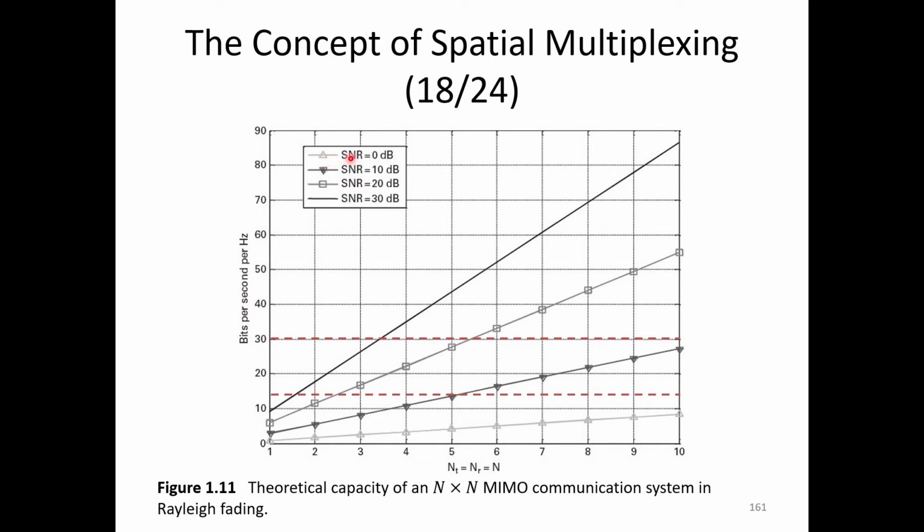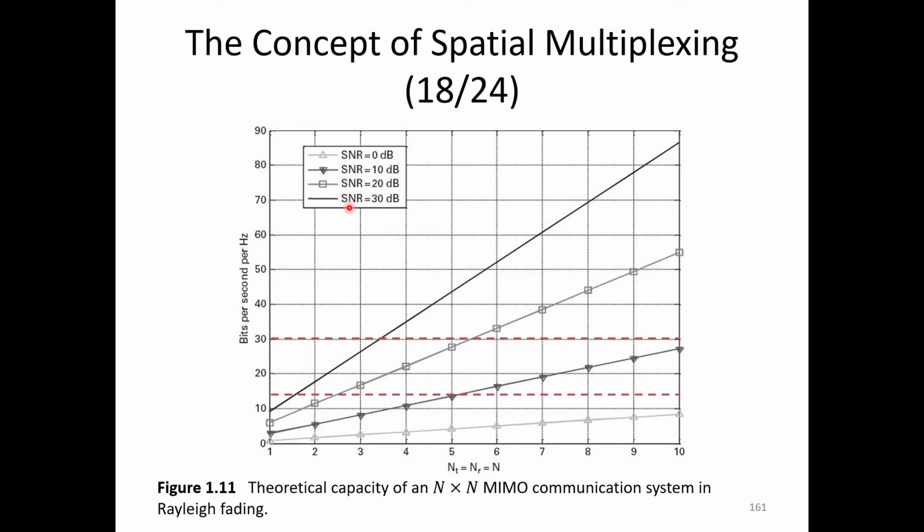First is SNR equal to 0 dB, it is this curve. The second one is SNR equal to 10 dB, equal to this curve. The third one is SNR equal to 20 dB, this curve.